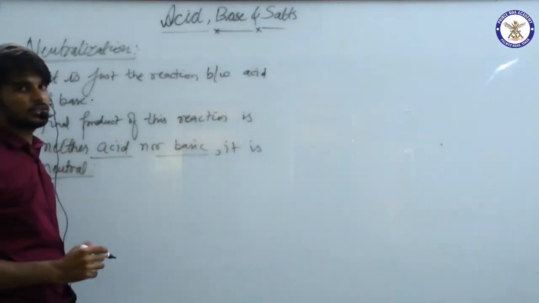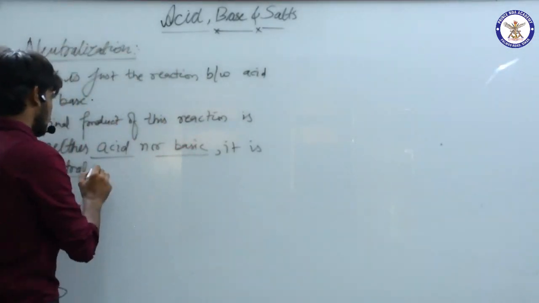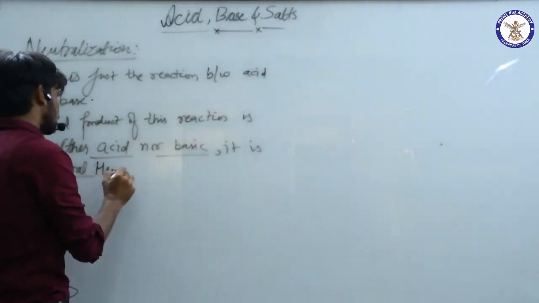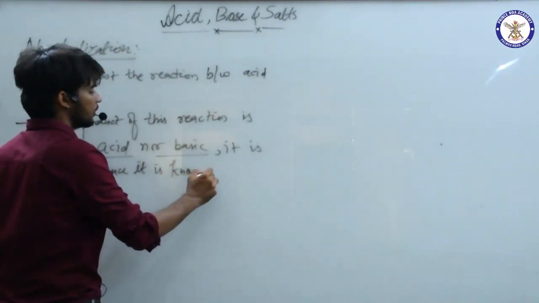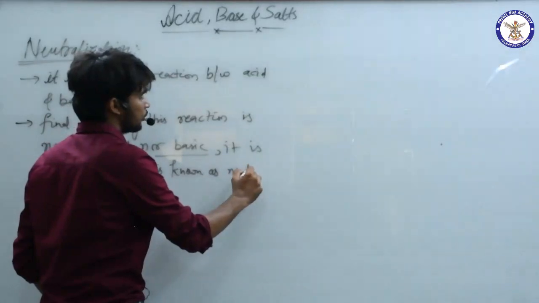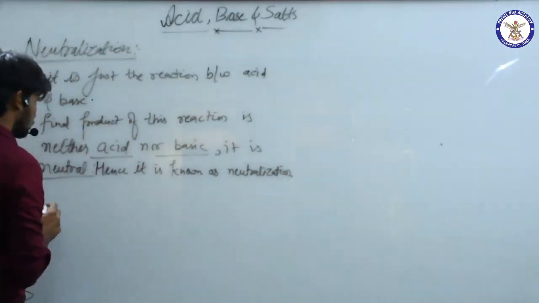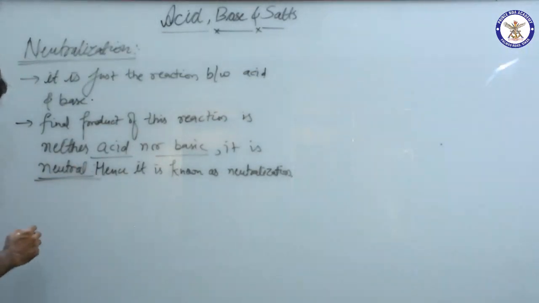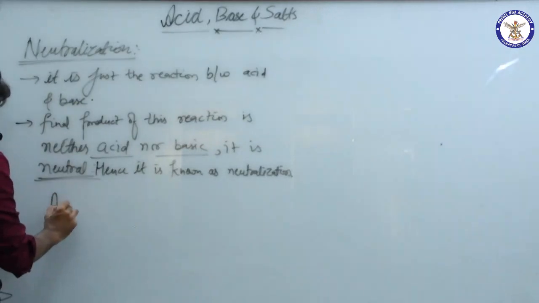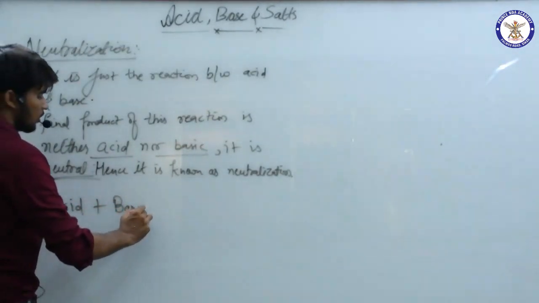Hence it is known as neutralization, because the product is neutral. Clear? Okay sir, now let's say we can write it as acid plus base, and the final product is salt and that is neutral.